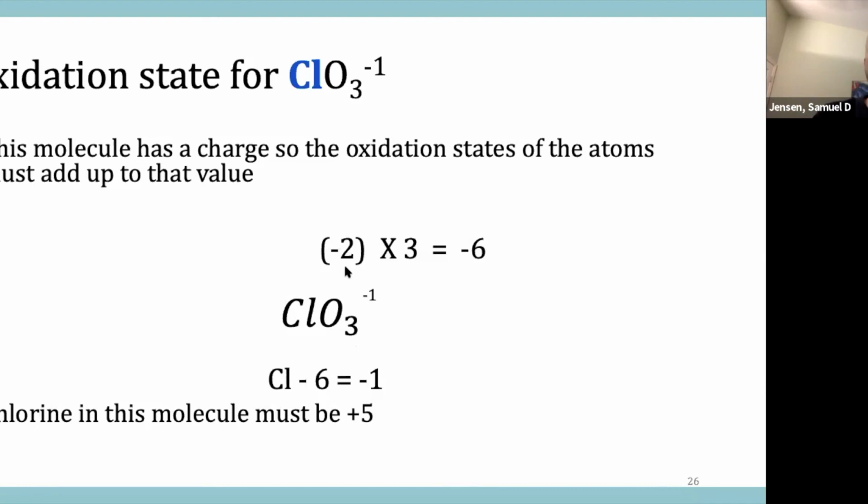Each oxygen is -2. Again, we're going to go with that as our solid go-to. There are 3 of them, so there's a total of -6. But what's different here is the overall molecule has a charge, which means the oxidation states add up to that value. The oxidation states of the atoms add up to the charge of the molecule.